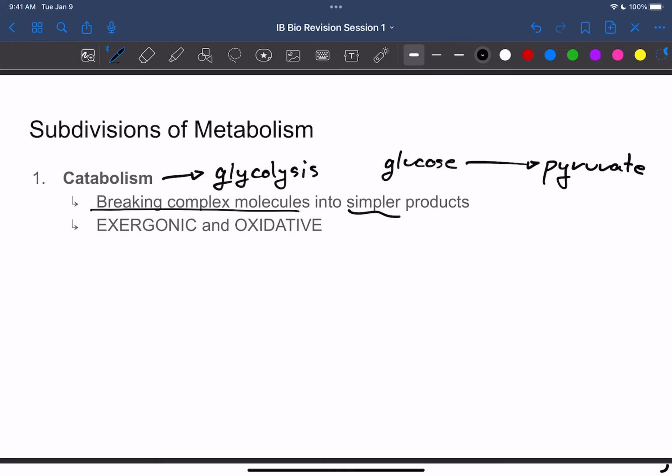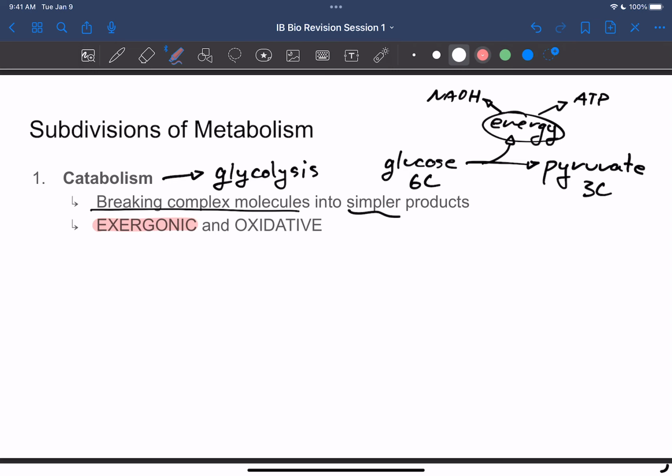Pyruvate's a 3-carbon molecule, and glucose is 6 carbons. So clearly we've taken a complex molecule and broke it into a simpler one, and you get energy out of it. What is this energy? Well, ATP and NADH. I'm not going to get ahead of myself here, but the most important part here is that it produces energy when you break down a bigger thing into a smaller thing.